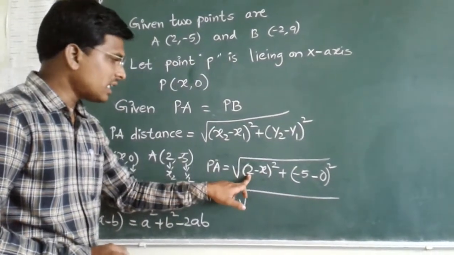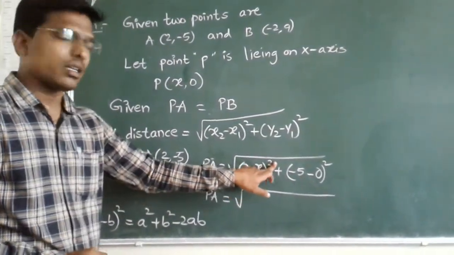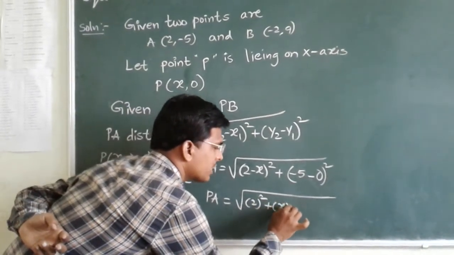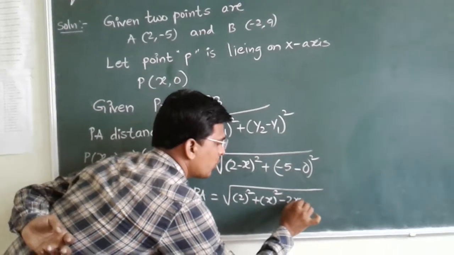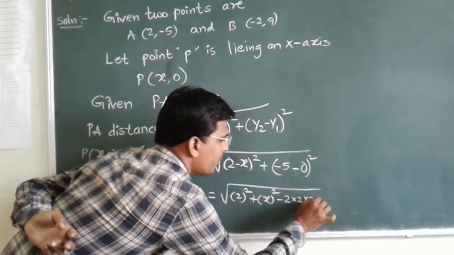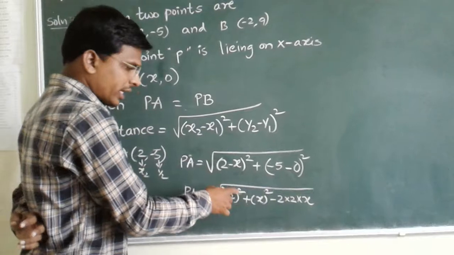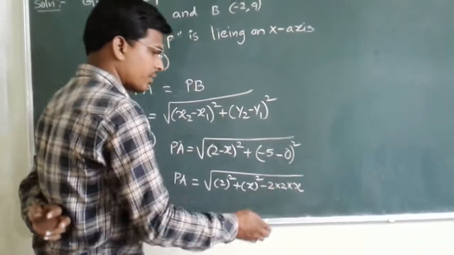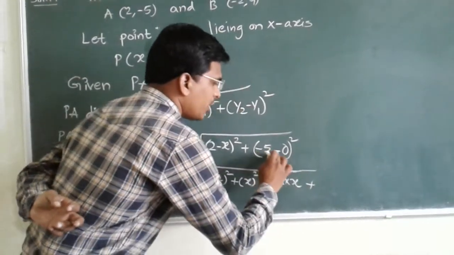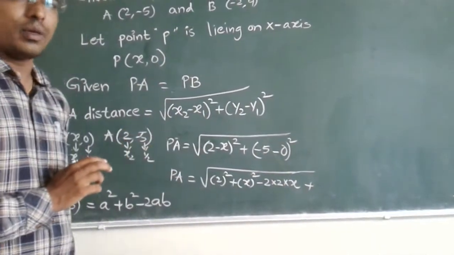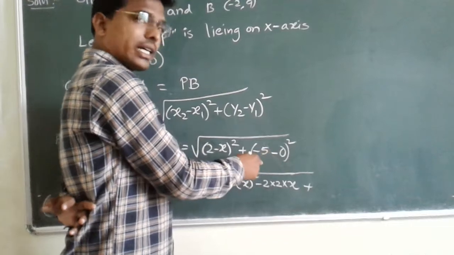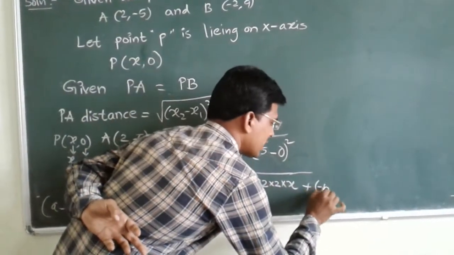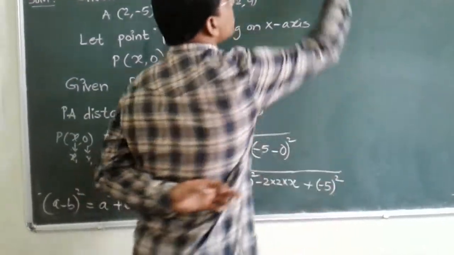So (2 minus x) whole square is 2 square plus x square minus 2 into 2 into x. Then minus 5 minus 0, both being constant numerical terms, we can subtract directly: minus 5 itself, so (-5) whole square.